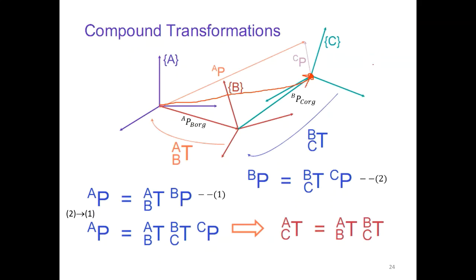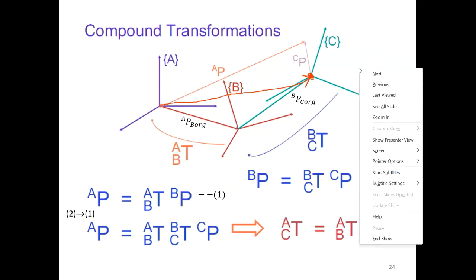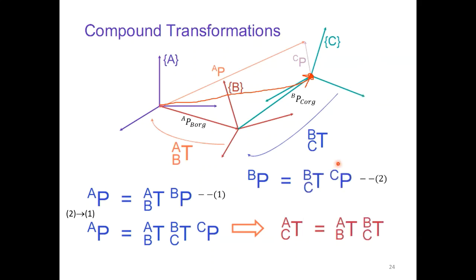This is the position coordinate, the position vector of the origin of C with respect to A. What is this vector? Can anybody give it a try?